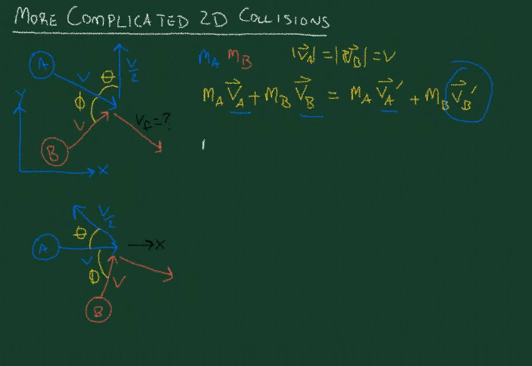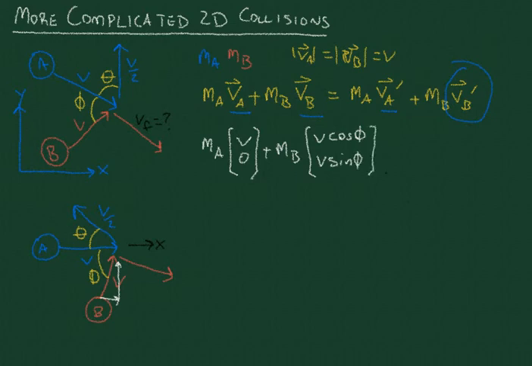So we have mass A times velocity A, so just V, plus mass B times the velocity of B, where now we have an x component and a y component. The x component is V cosine phi. The y component is V sine phi.